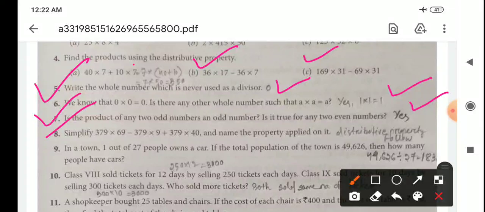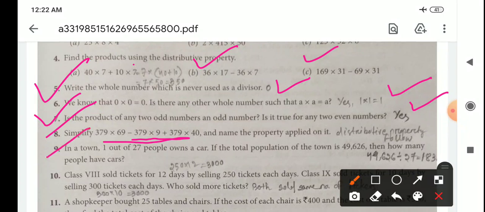Then 8 number, simplify this one and name the property applied it. Very easy. This is distributive property. So you follow that distributive property, then you solve. Then comes to 9 number.